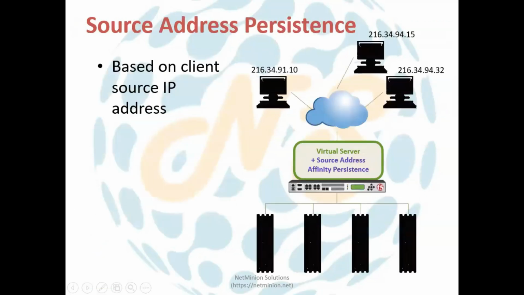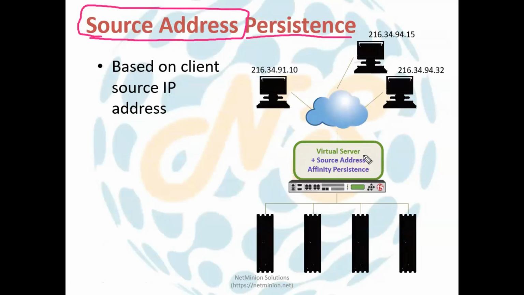Okay, so let me describe the first type of persistence we can apply on our F5 device, and that is source address affinity. You can also say source address persistence, or source address affinity persistence. How to apply that I will tell.